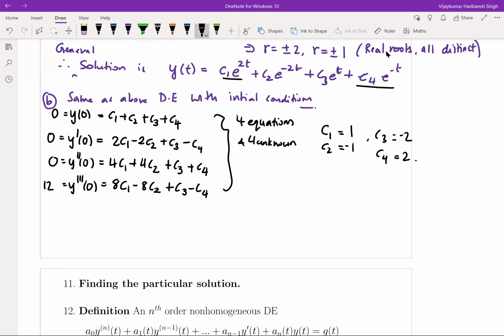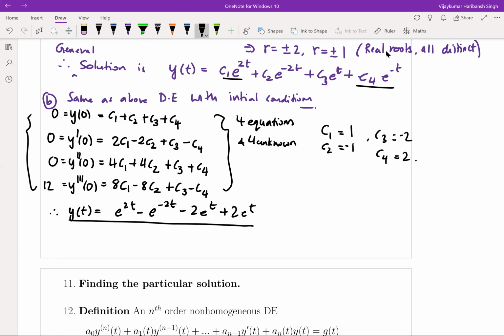So your y of t is going to be e to the power 2t, minus c2, which is -1, so e to the power minus 2t, plus c3, which is minus 2 e to the power t, and c4 is plus e to the power minus t. So this is your solution. You should be able to solve this system of linear equations. If not, I'll post the written up solution of that.